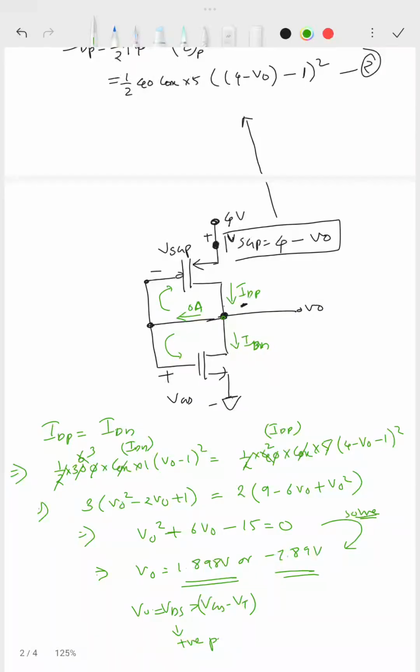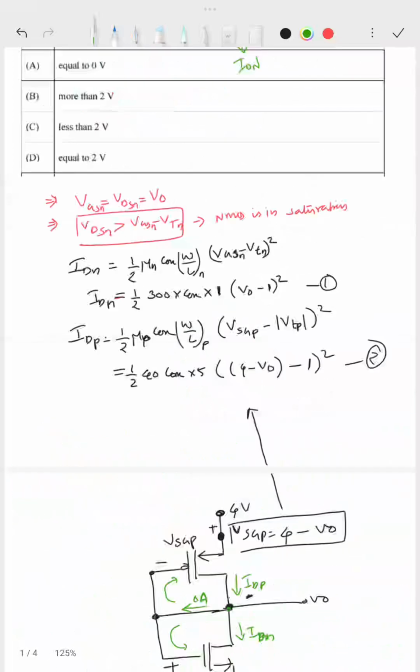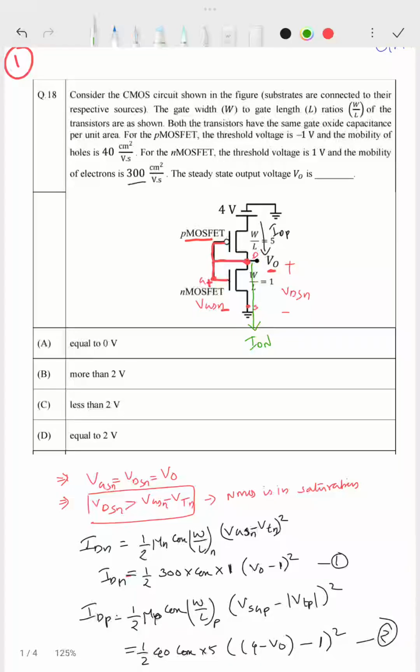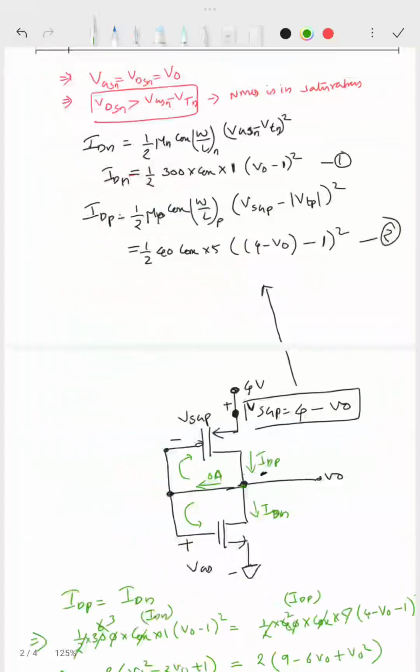Positive polarity voltage. So I should select the positive voltage 1.898 volt, which is less than 2 volt. So from the options the answer is less than 2. Fine, so that is the answer for this question.